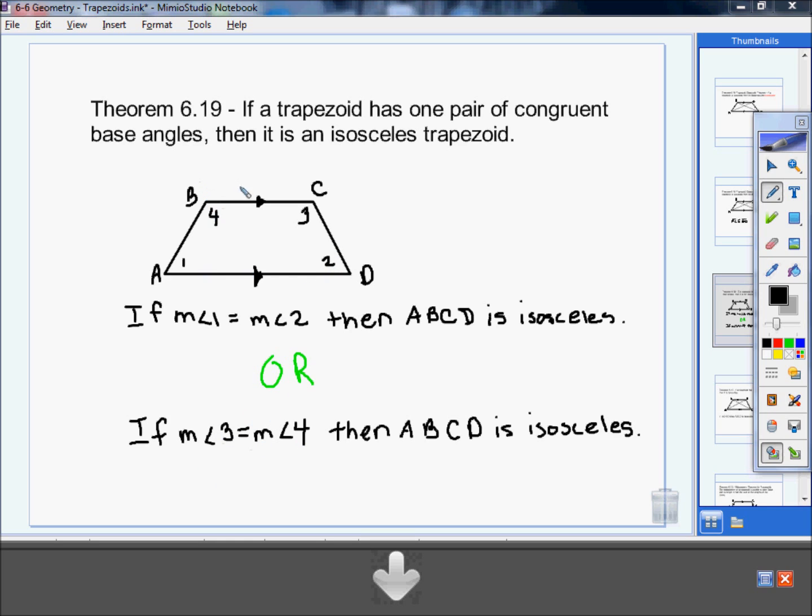It also works for 3 and 4. A lot of times people will easily identify these as base angles, but then forget that these are also base angles up here on the top. So just knowing that angle 3 and angle 4 are congruent tells you that you have an isosceles trapezoid. Those are a couple different ways that you can tell that.